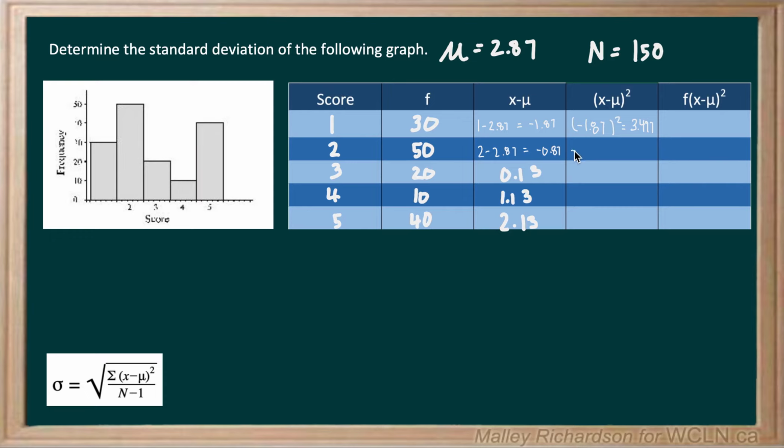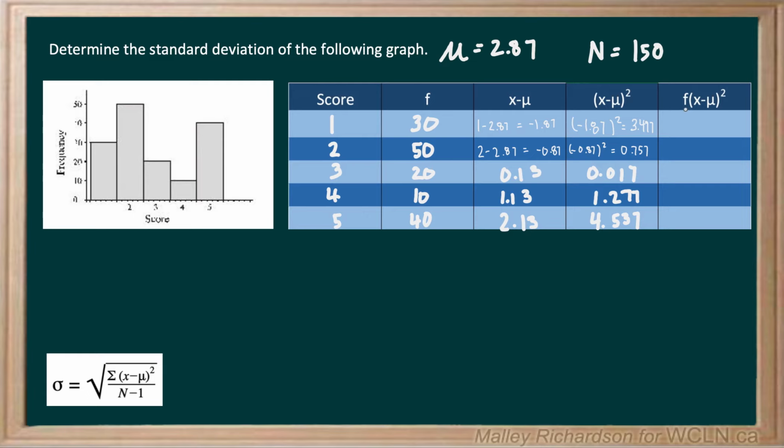Now in our next row, we have negative 0.87 raised to the power of 2, and negative 0.87 squared gives us a value of 0.757. In our next row, we have 0.13 squared, which is 0.017. Then 1.13 squared, which is 1.277. Then we have 2.13 squared, which is 4.537.